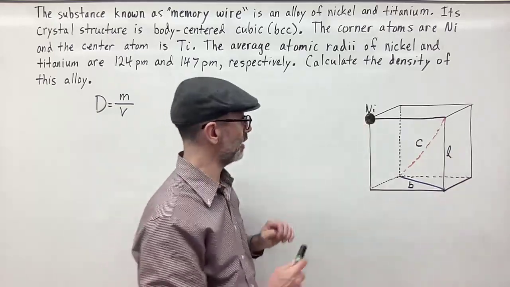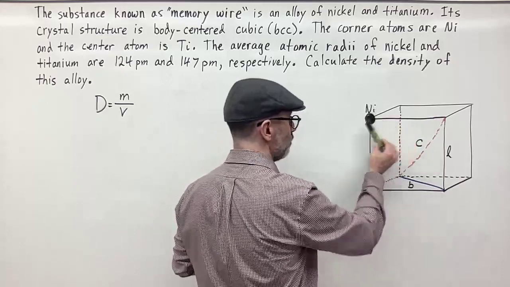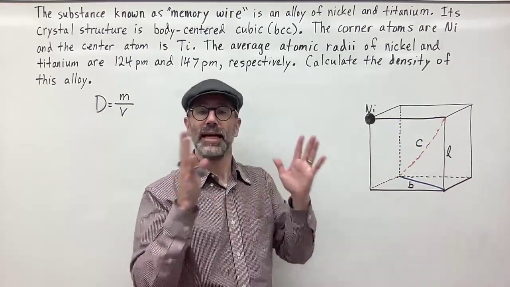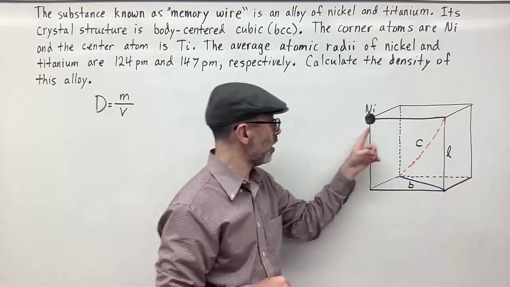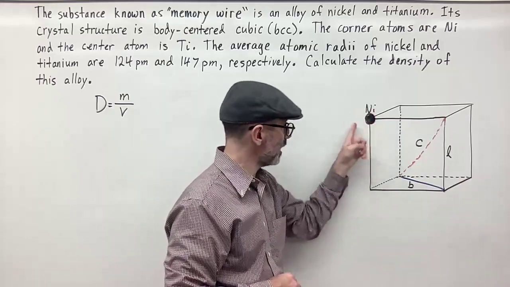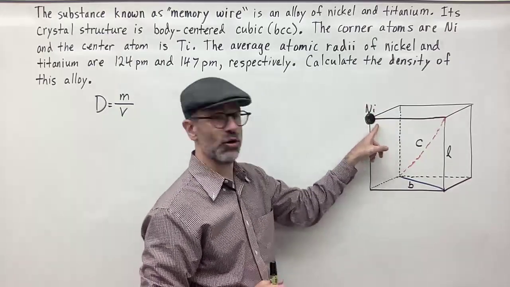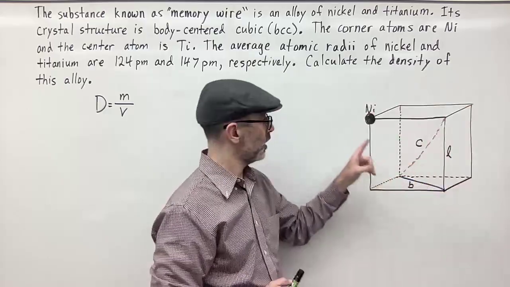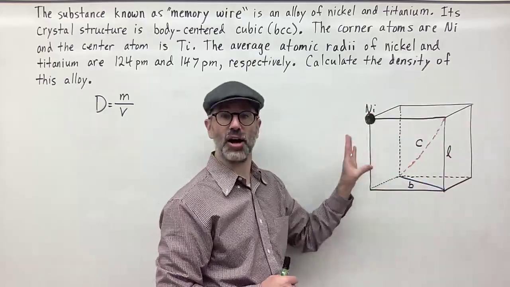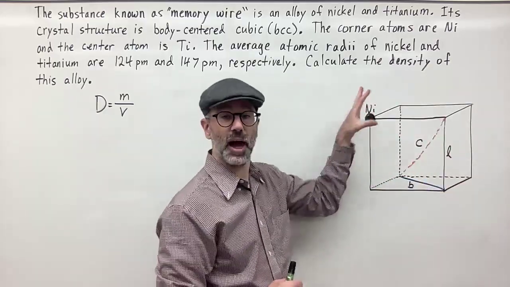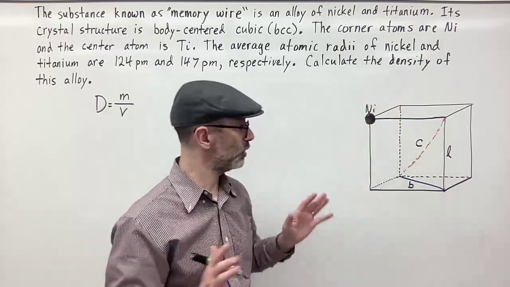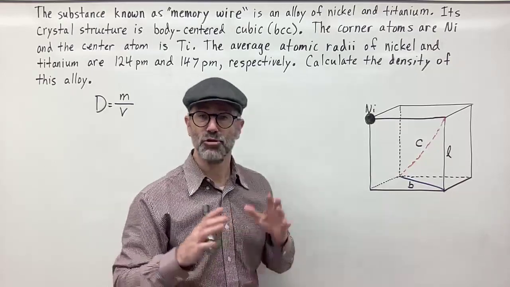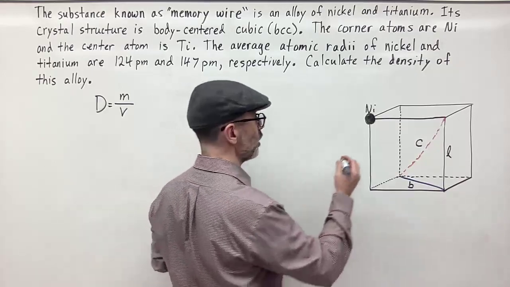That means that the mass of this atom is divided evenly into 8 parts. So 1/8 of this entire atom is found within this particular cubic cell here. The other 7/8 are in the other 7 cubes. Now I know this is probably hard to imagine, but just trust me here.